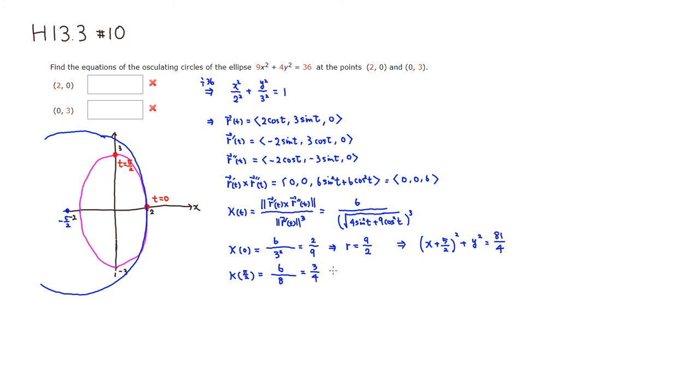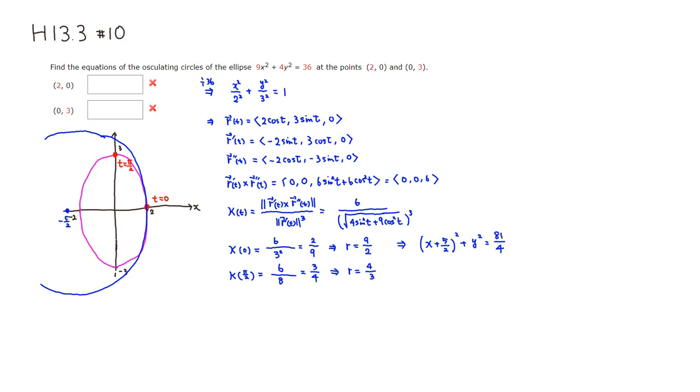Right? So this tells you that the radius of the oscillating circle is going to be the reciprocal of that curvature, which is 4 over 3. All right? So 4 over 3, so you start from 3 and you have to come down 4 over 3.